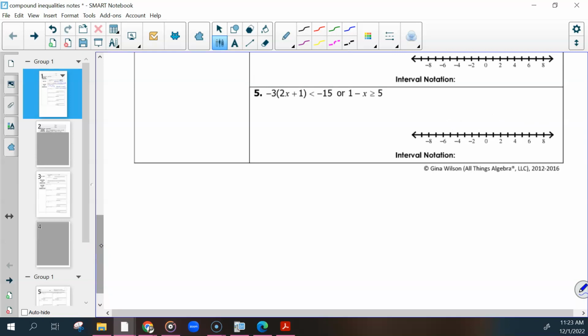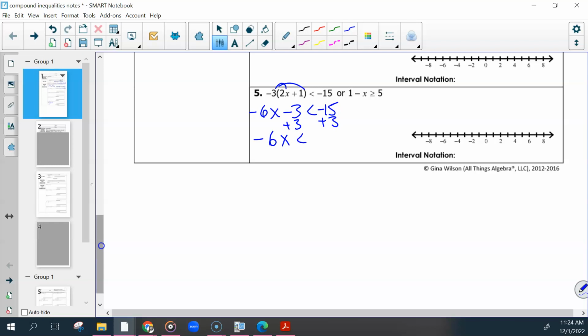I'm going to show you 2 different ways how to solve this one, but we'll do one, solve everything, graph it, and then come back to the other. So if we were distributing this, it would be -6x minus 3 is less than -15. Solve that completely.